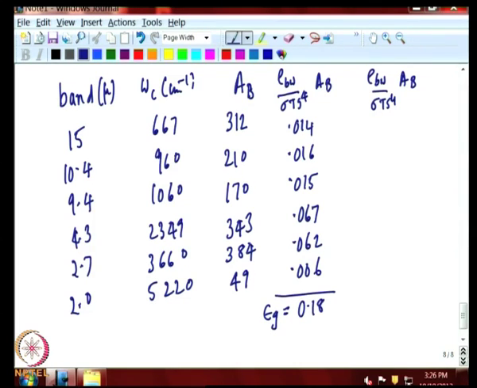So, emissivity of carbon dioxide gas, in spite of its strong absorption in the 4.3 and 2.7 micron band, is only 0.18. That is typical of gases. Even if you put a lot of gas in a container, the reasonable path length, you will not get emissivity like 0.8, 0.9.